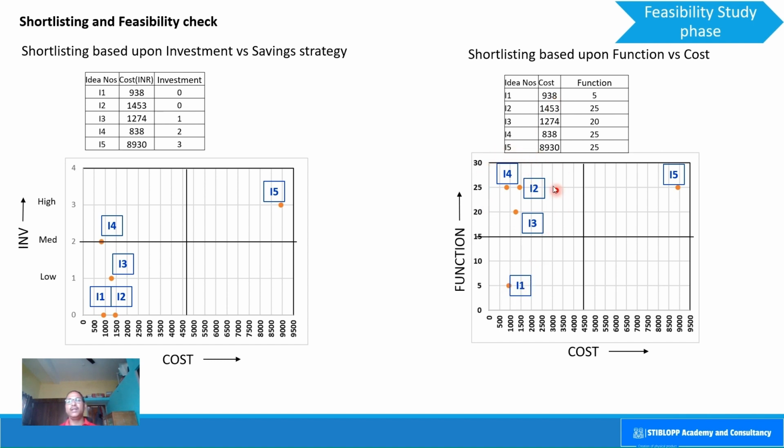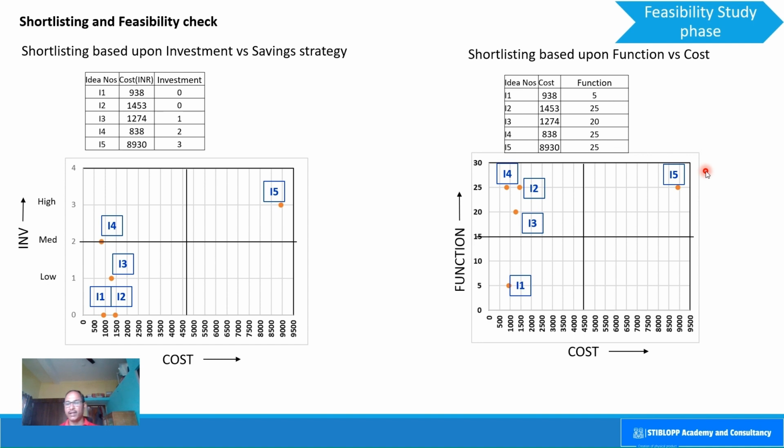Whereas all the other three ideas, idea 2, 3, and 4, are having a very high function here. Idea 5, of course, is having a very high function. Now let's try to shortlist the ideas from these five ideas.